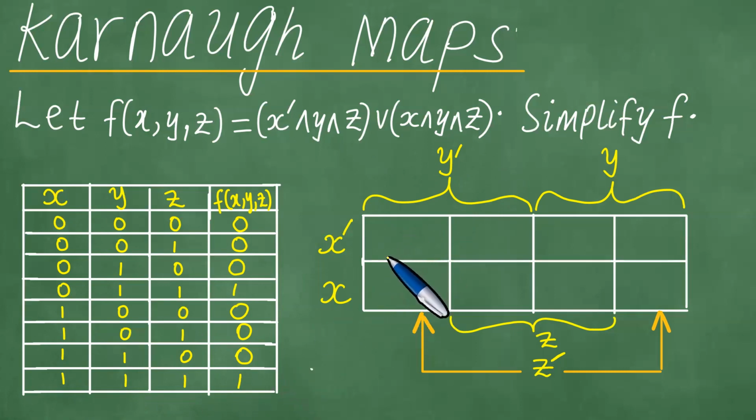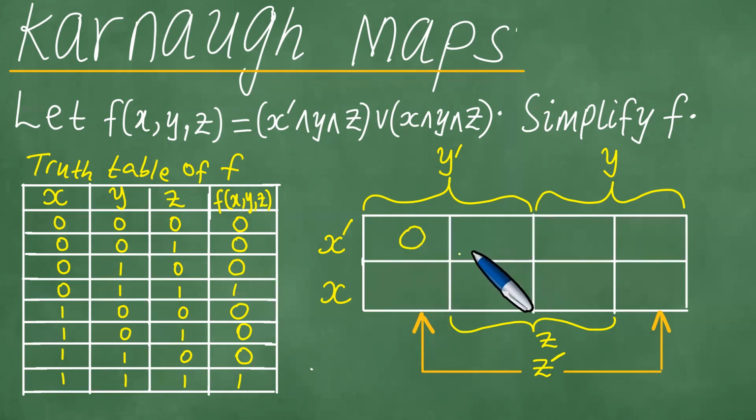Now we come to complete the Karnaugh map of F. This one here is the truth table of F. In this block you have not X, not Y, and at the bottom we have not Z, and that is 0, 0, 0, and that means you put a 0 here.